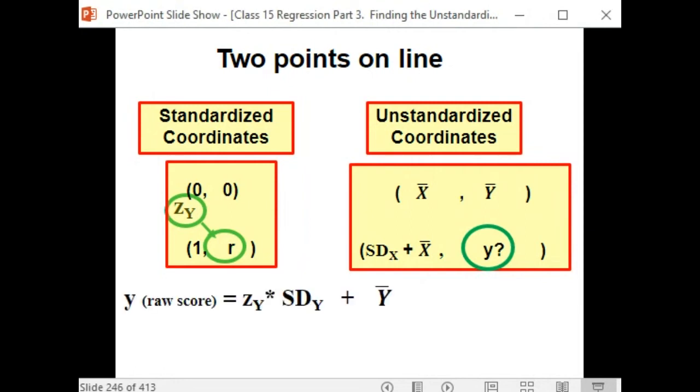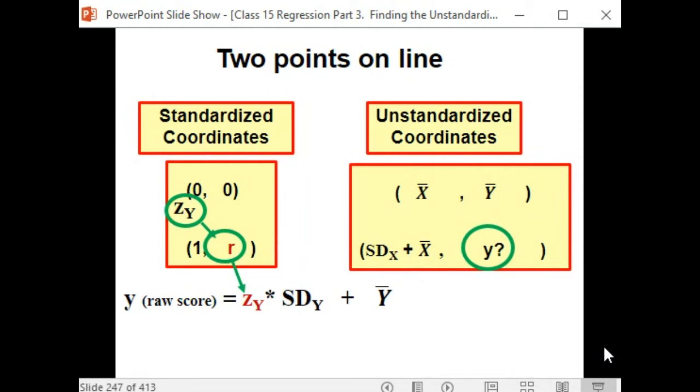Y, which is the raw score, equals the z of y times the standard deviation of y plus the mean of y. Let's read that one more time. Y equals the z of y times the standard deviation of y plus the mean of y.